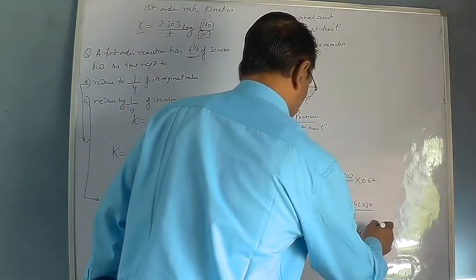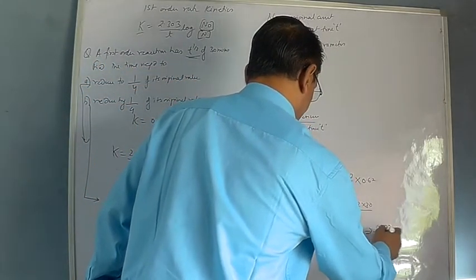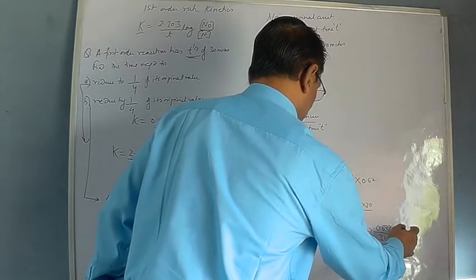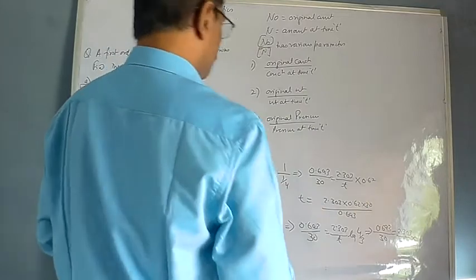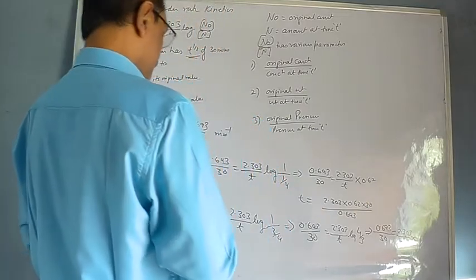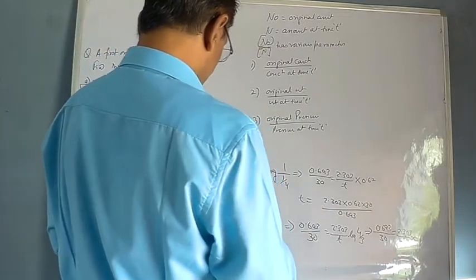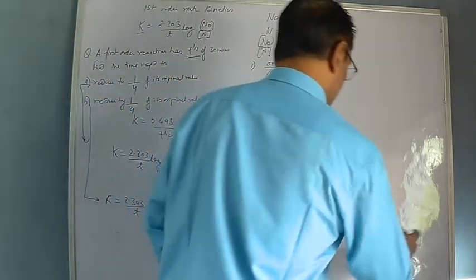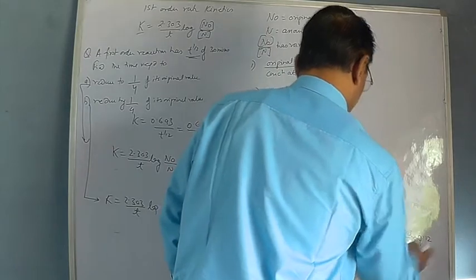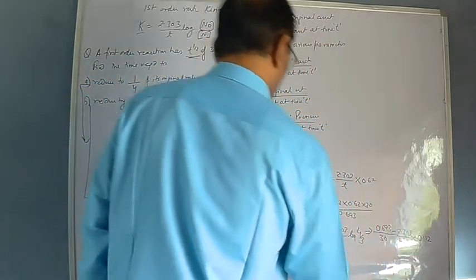Let us do one step more. 0.693 by 30 equals 2.303 upon t. Okay, 4/3 gives you 1.33, and the log of 1.33 equals 0.12. Now class, we'll solve both the numericals.